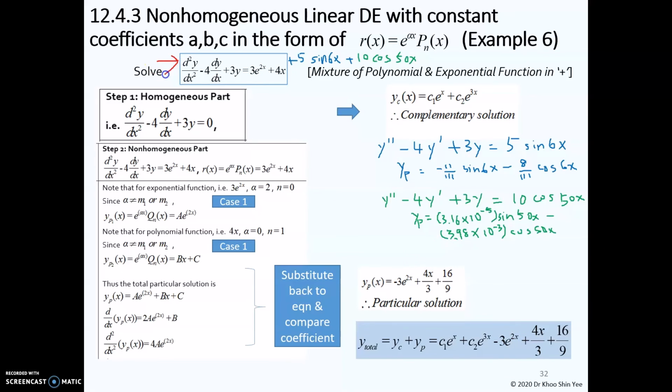What if you want to solve the following ODE with the additional summation of sine function and cos function here? Previously, from the right function 1 and the right function 2 here, we successfully obtained the corresponding particular solution, which is equal to yp1 and yp2.